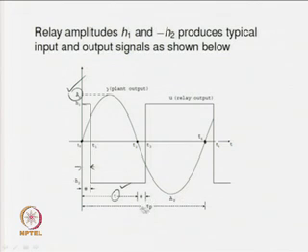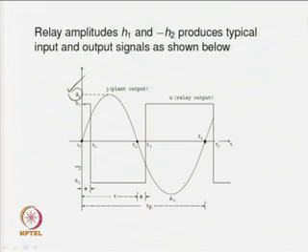So, this is the other advantage we have got from employing the asymmetrical relay in the autonomous system during the relay test. After introducing all those variables associated with the output signal, I will go ahead with the analysis of the output signal. The analysis will be carried out for different spans of time. From time t 0 to t 1, the input to the system u t is equal to h 1.